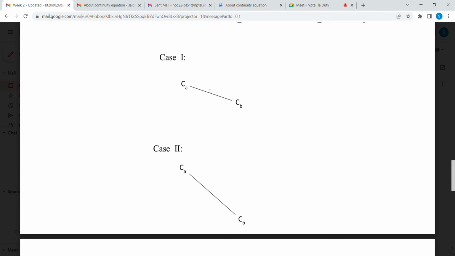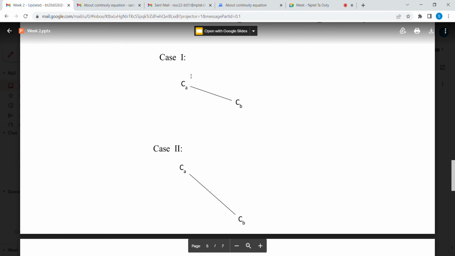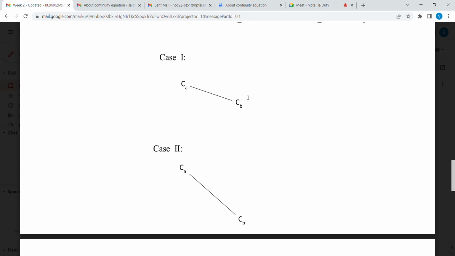Now let's take just two systems. Some concentrate in a solvent system, in water or any other solvent. The concentration of a particle at a point A is Ca, and the concentration of a particle at point B is Cb. Now there will be diffusion because of Fick's first law. There will be a diffusional flux, correct?